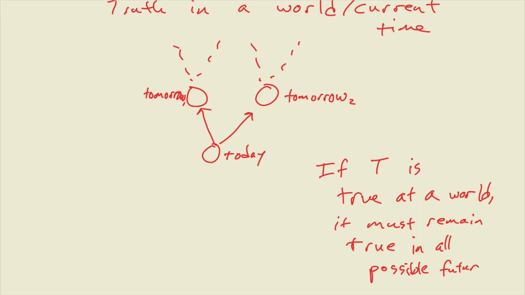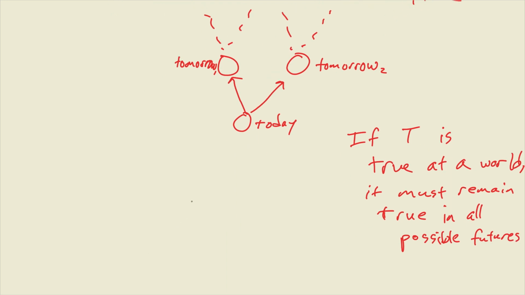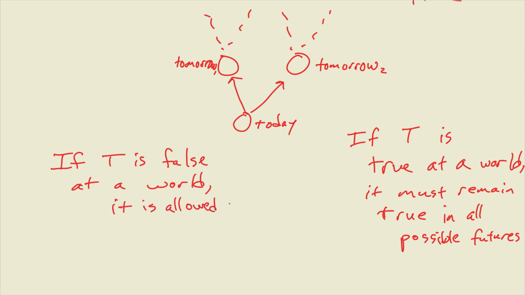But under Kripke semantics, it is allowed that if a formula is false at a world, it could, but does not have to, eventually become true in the future. It doesn't have to, but it could become true.